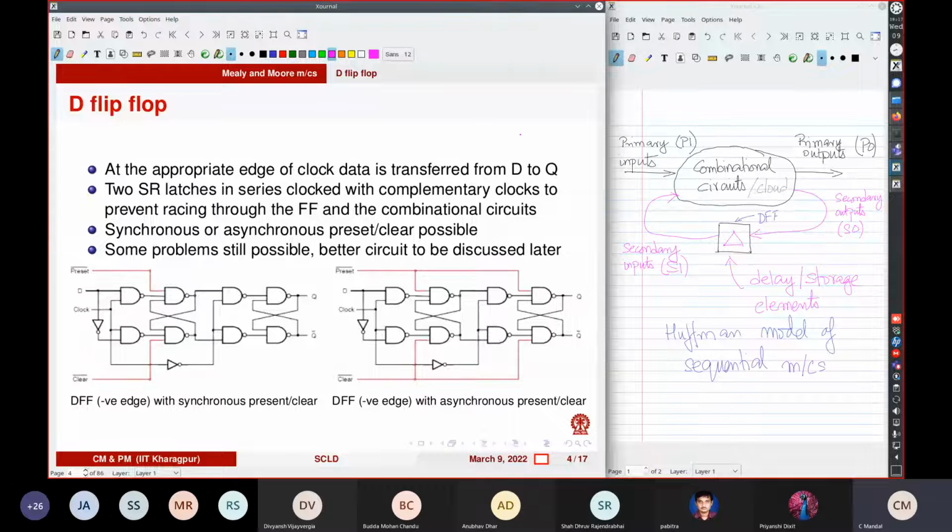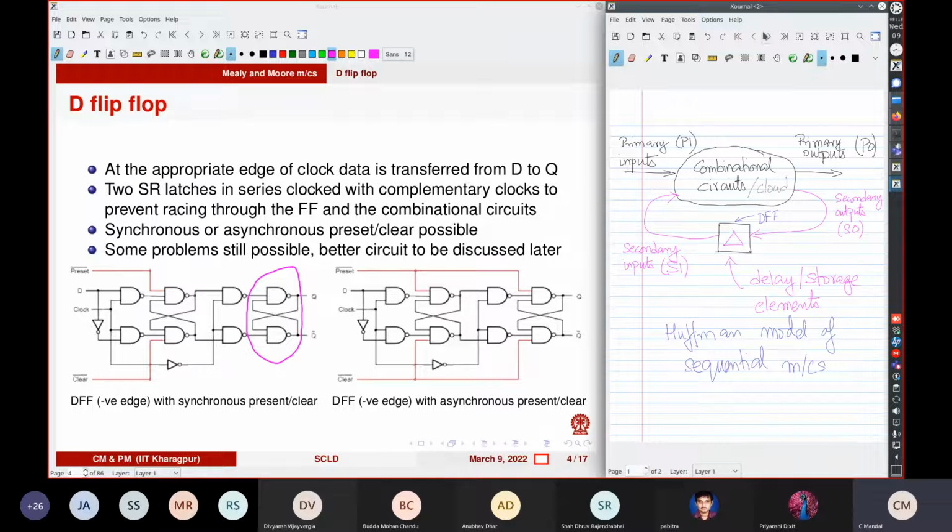Now, let us just see the main circuit configuration of a flip-flop here. Okay.